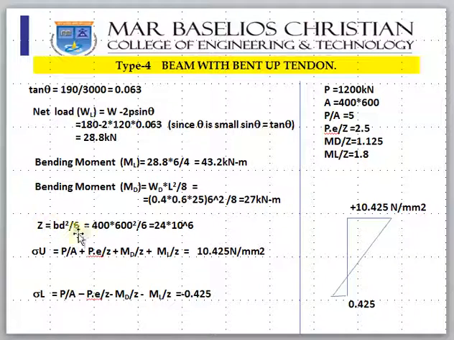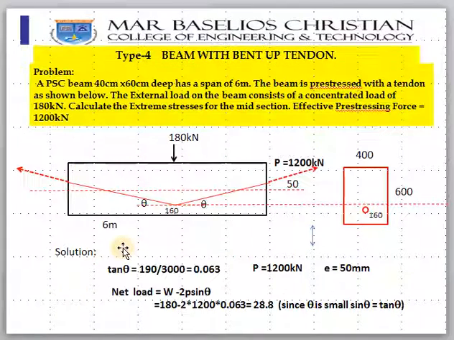And Z is BD square by 6, which you found out. So your upper fiber stress will be P by A plus PE by Z. The reason PE by Z will come plus is that the eccentricity is above the neutral axis, so it will bend like this because of this PE. So top compression, bottom tension.